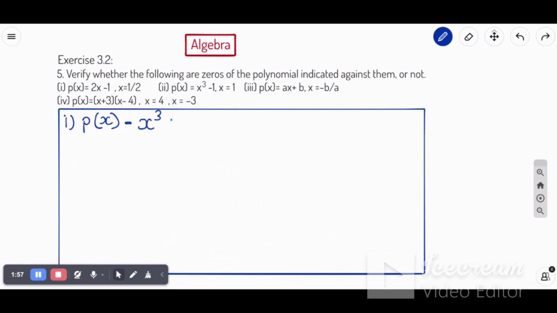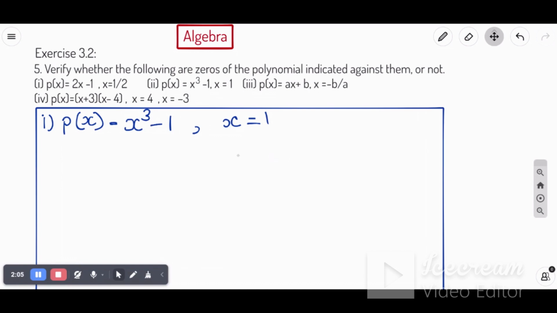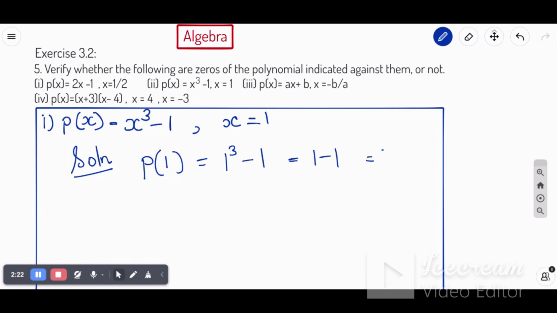In this question, p of x is equal to x cubed minus 1, and they have given whether x is equal to 1 is the 0 of the polynomial. We have to check that. Let us start our solution. In this, instead of x, put the value as 1. So p of 1 is equal to 1 cube minus 1. So that will be equal to 1 minus 1, that is 0.